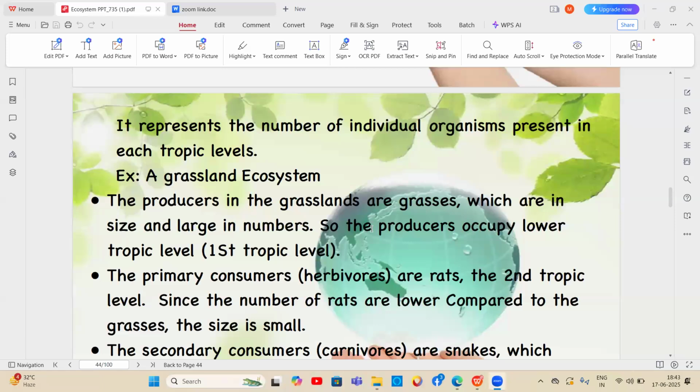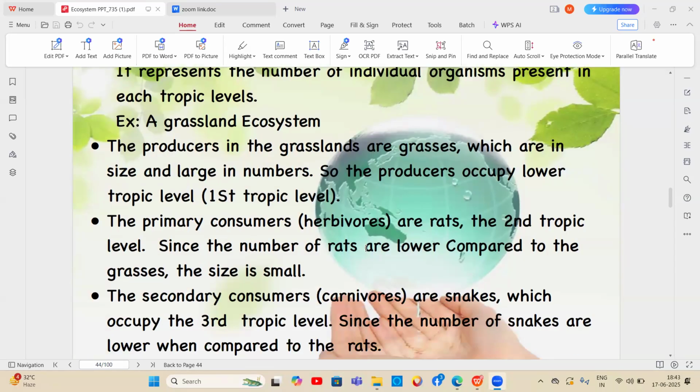The producers, the grasses, are large in number. The primary consumers, for example rats, occupy the second trophic level, and their number is less compared to the grasses.